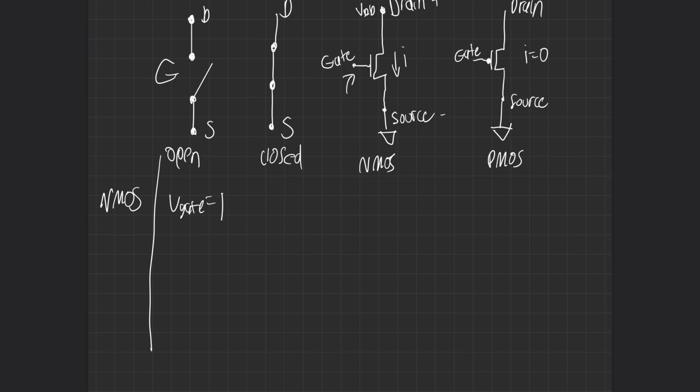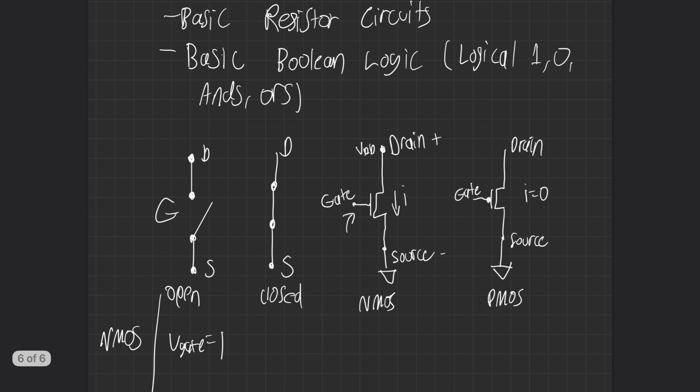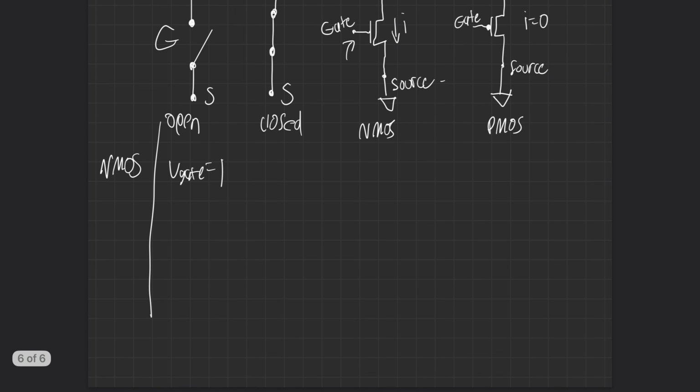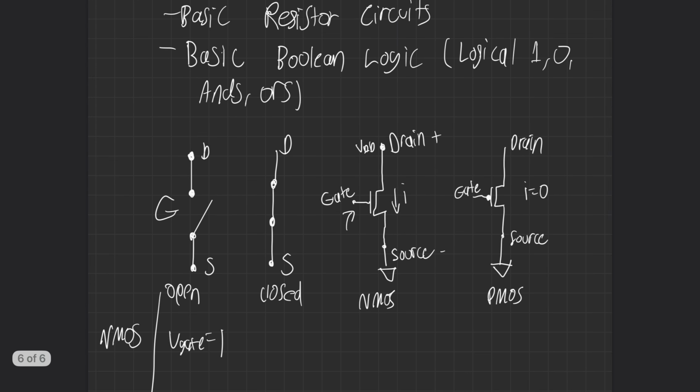We'll say it's a logical 1, so that's whatever it is. So there's a threshold voltage. You need to know some basic Boolean, but we'll just say basically it's on. 1 is on, 0 is off.